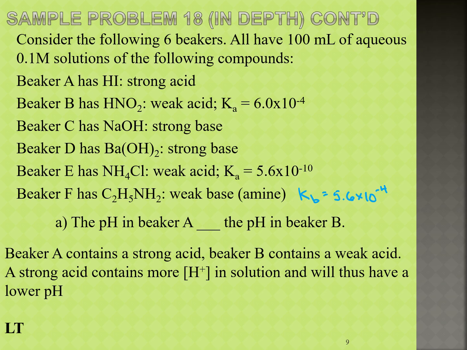And so the strong acid is going to ionize completely. The weak acid will ionize only partially. So the one that ionizes completely is going to be more acidic. So beaker A is going to be more acidic, and so the pH in it would be less than the pH in beaker B.